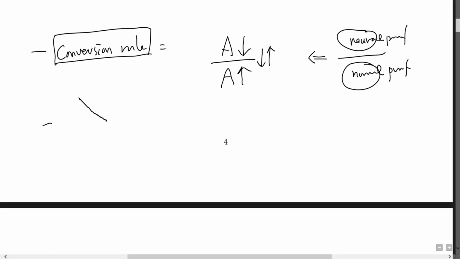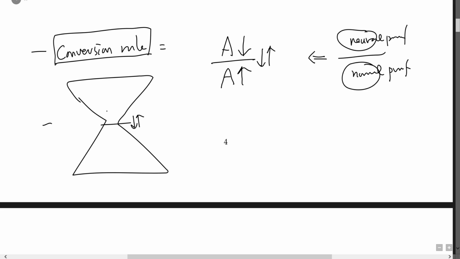Remember that we are going to build this hourglass shape, and in the middle we have the application of the conversion rule, a down arrow to an up arrow, and in the lower half we will perhaps have a bunch of up arrow stuff, and in the upper half we will have down arrow stuff, and at the end we have a hypothesis, a down arrow.